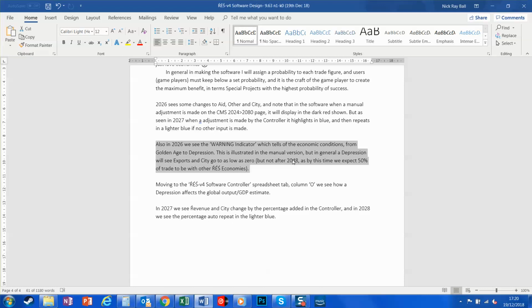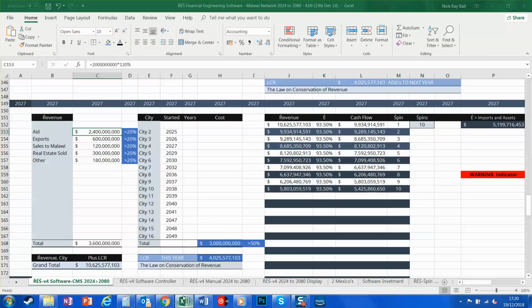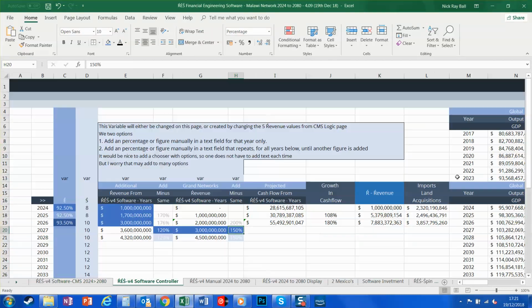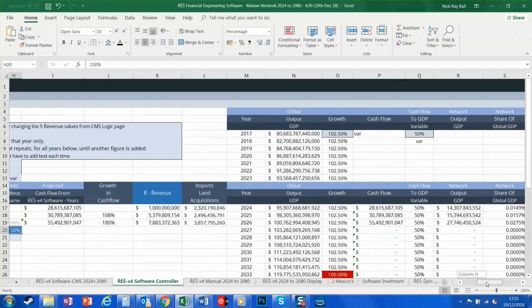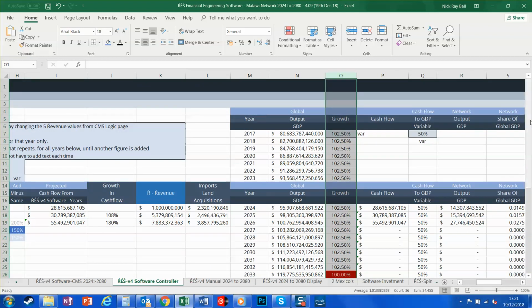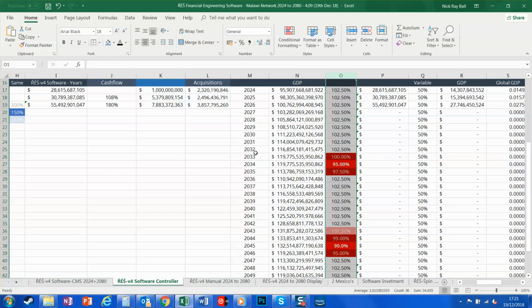Moving to Res 4 software controller, at 0 we see how depression affects global output estimates. That is here, here, and just in this column here, you can see the way we're simulating a recession this time is for growth to stop, growth to -5, coming back to 2.5, or a depression is for growth to nearly stop, lose a bit, lose a hell of a lot, and then start to come back again.